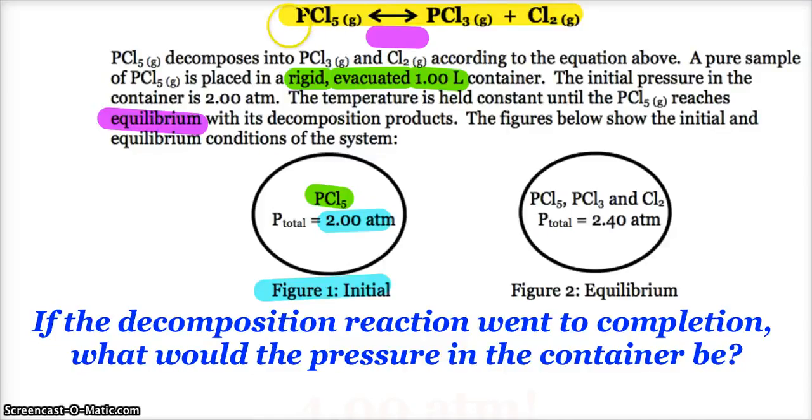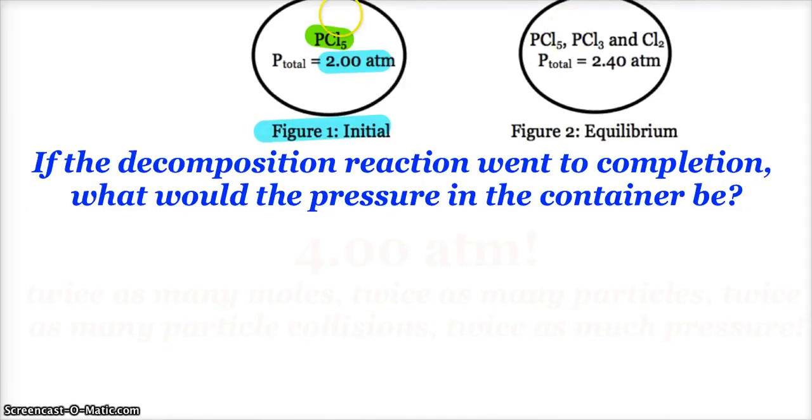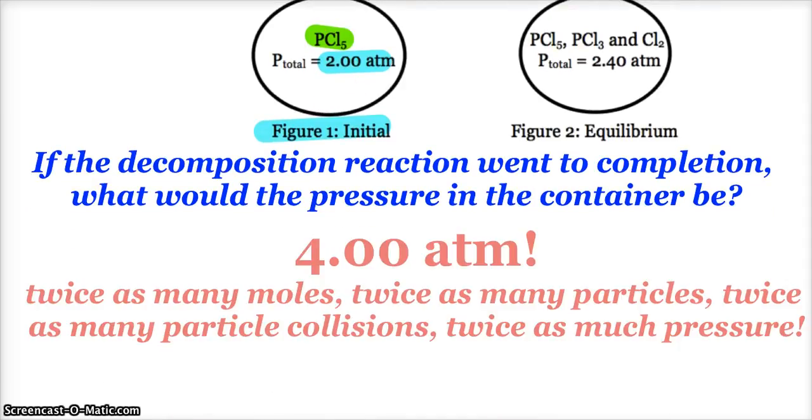I see that 1 mole of this PCl5 gas decomposes into 2 moles of gas. So if this reaction went to completion, if it didn't get stuck at equilibrium, 1 mole of gas would turn into 2 moles of gas. Since my initial pressure was 2 atmospheres, the pressure now would be 4 atmospheres. That's it. Twice as many moles of gas are in the container if it went all the way to completion. That's twice as many particles, twice as many collisions, twice as much pressure.